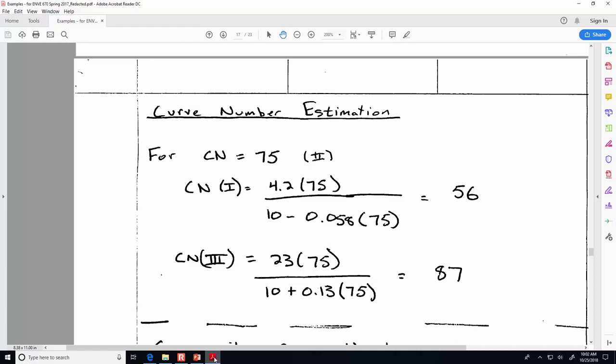Now, remember, that doesn't mean that there has to be this much rainfall before there's any rainfall excess. It's not quite like that, but this represents the maximum storage capacity of the soil.